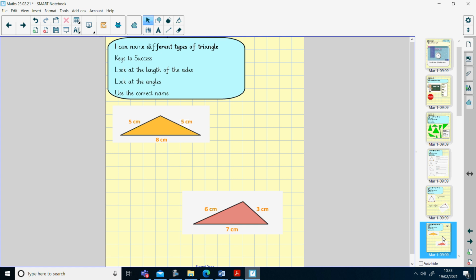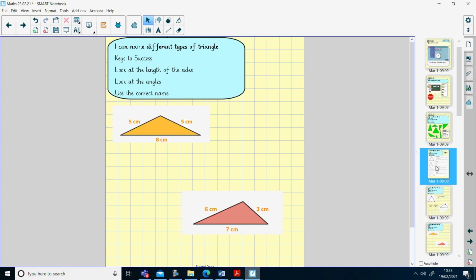So I'm thinking about my definitions, and I know that an isosceles triangle has 2 sides which are the same length. Which one of these triangles has 2 sides that are the same? Well done, children. It's this yellow one. So this here is my isosceles triangle.